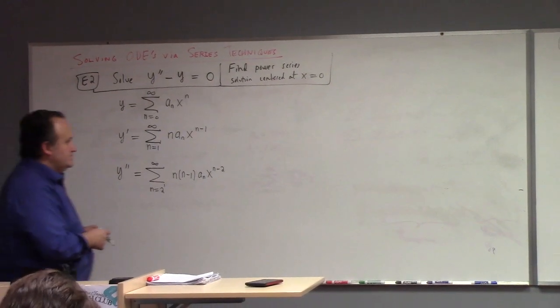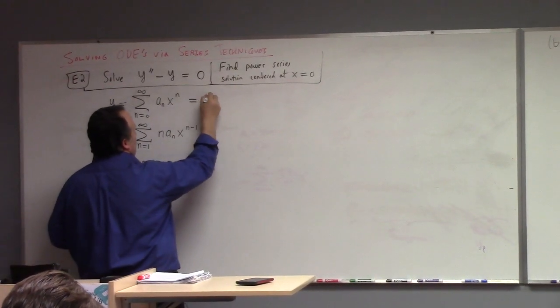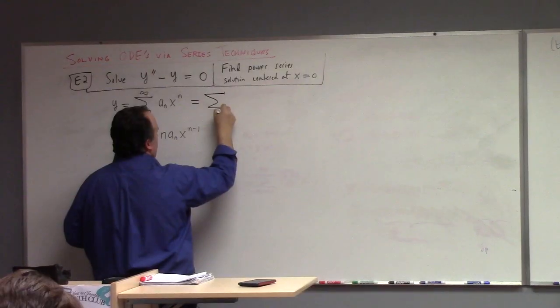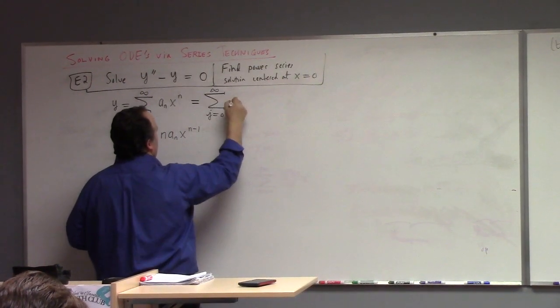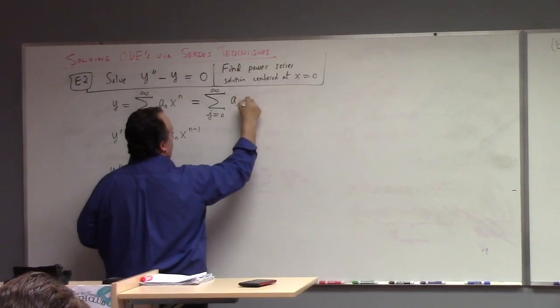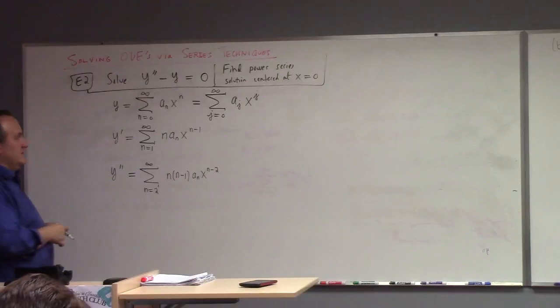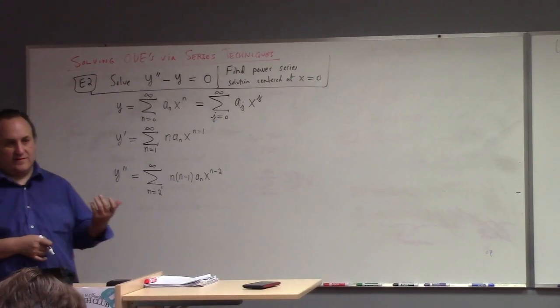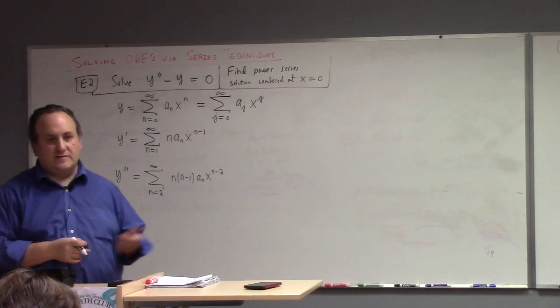Now, I'm going to do a little switcheroo here. This is equal to the sum j equals 0 to infinity of a sub j x to the power j, because I can change the letter n to the letter j and it doesn't change the substance of the summation.